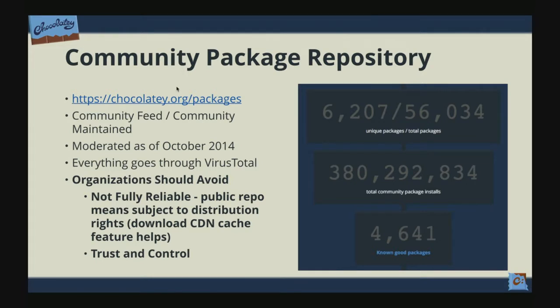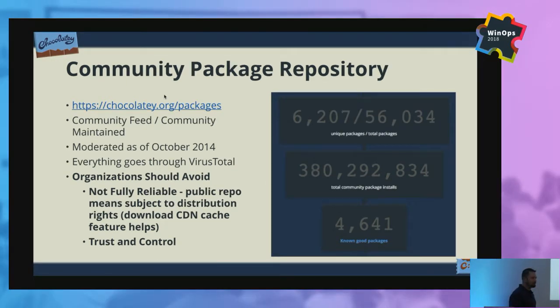Now, even with all of that, we want the organizational experience to be very reliable. That's not something that you can get from that community repository. The reason is distribution rights. Software copyright laws keep us from putting binaries inside of packages. Microsoft would be really upset if the Office 365 packages actually contained Office 365, right?